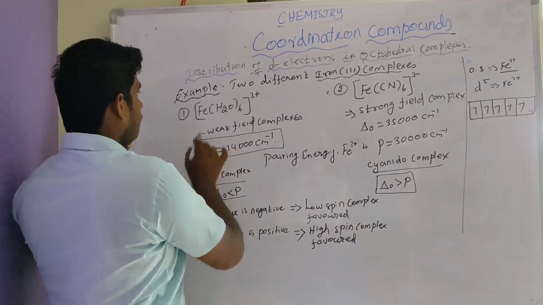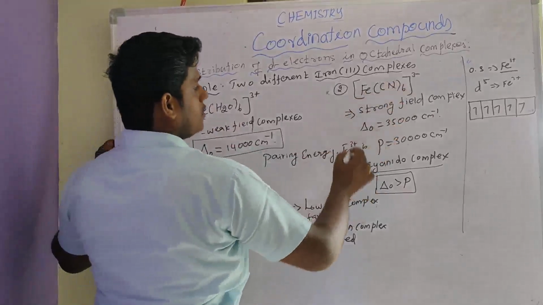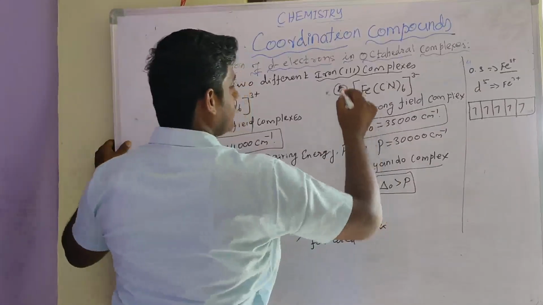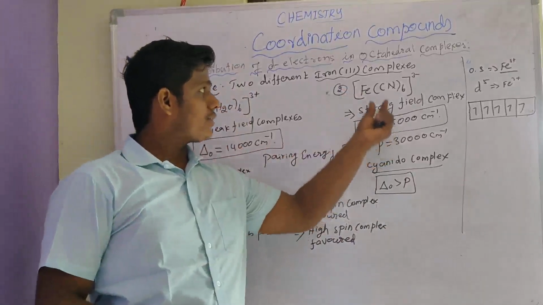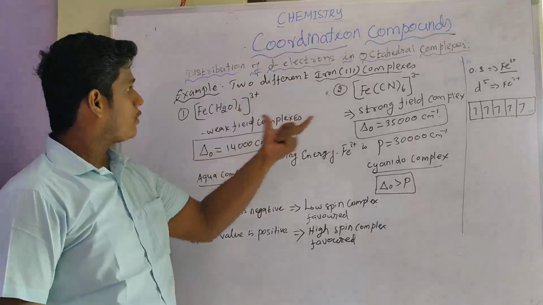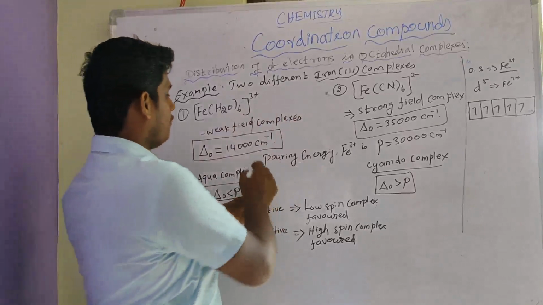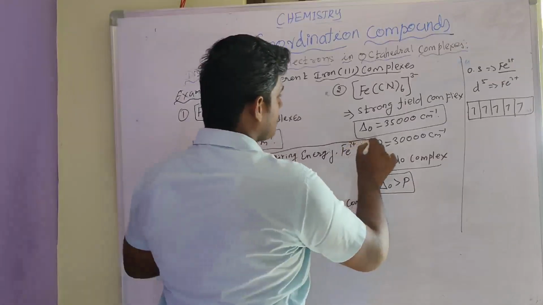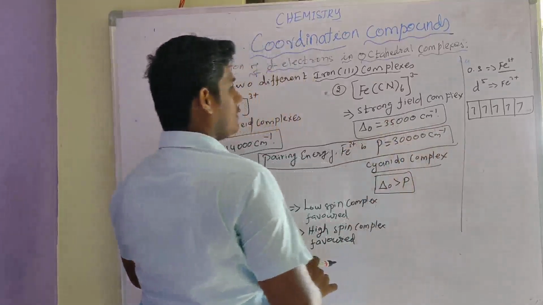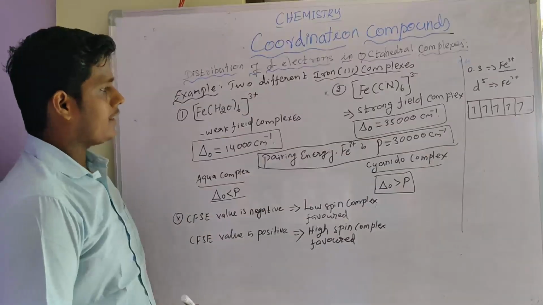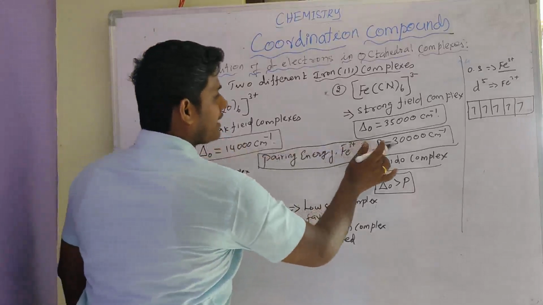Delta O for the weak field complex is 14,000 cm^-1, and for the cyanido complex, the strong ligand, it is 35,000 cm^-1. And for both complexes, the pairing energy is also given: 13,000 cm^-1 and 30,000 cm^-1. So you compare delta naught and the pairing energy P.